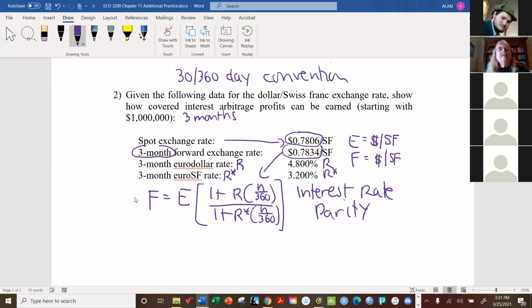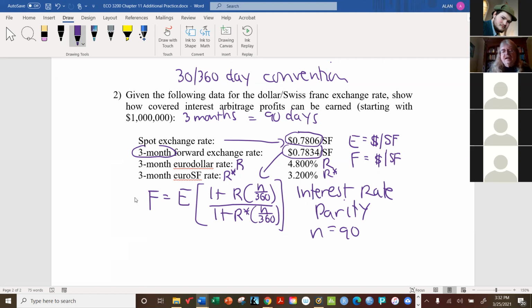So we can think of 3 months as simply 90 days during a 360-day year. So N in this case is 90, which means it will be 90 days before the exchange rate, or in this case, the Swiss franc, would be delivered if we entered into a forward contract.